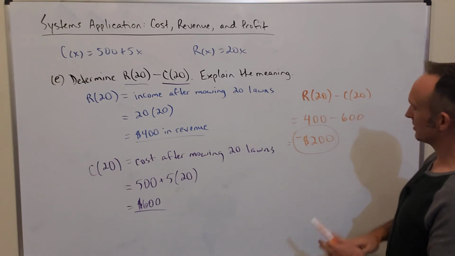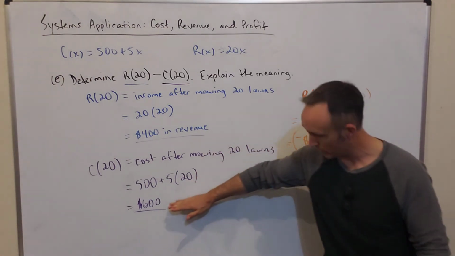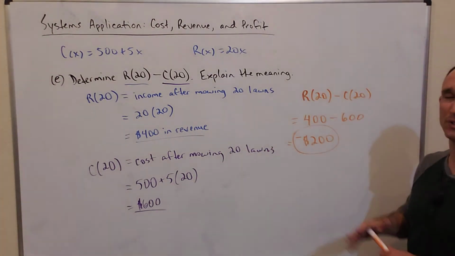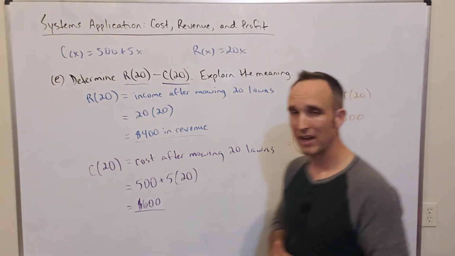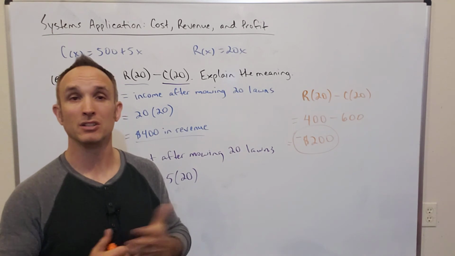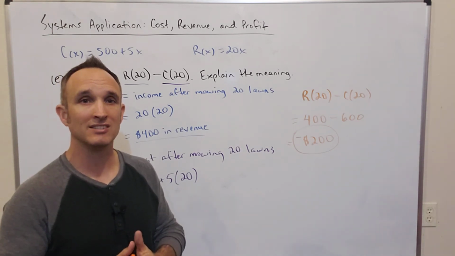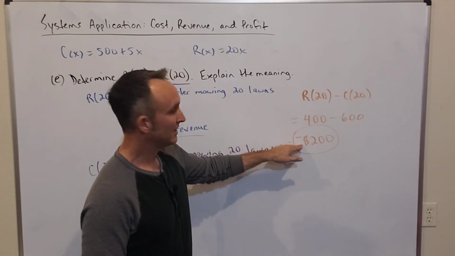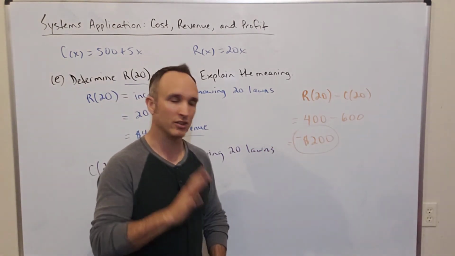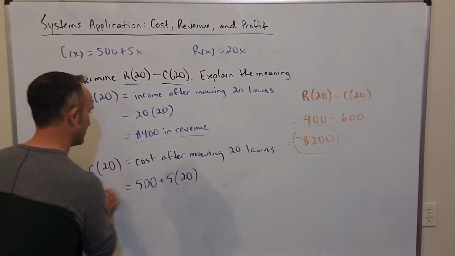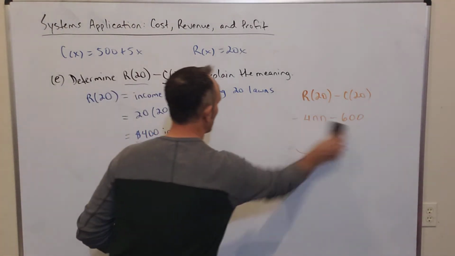Well, we had $400 in revenue, $600 in cost. We subtracted those and got negative $200. That means if he only mows 20 lawns, he's going to lose $200. He's not going to be profitable, okay? So his profit at this point is negative $200. Not a good thing. So he needs to mow more than 20 lawns if he's looking to make money. All right? So that's an introduction to profit.